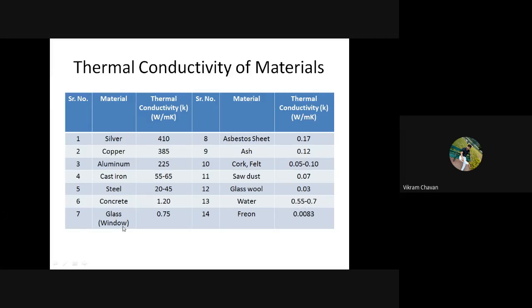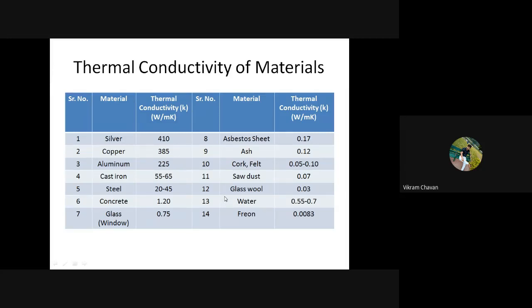Then our normal glass window has a thermal conductivity of 0.75, whereas freon, which is a gas, has 0.0083.